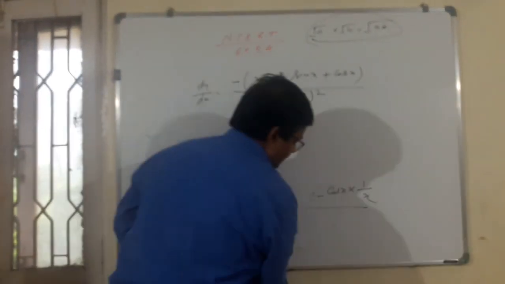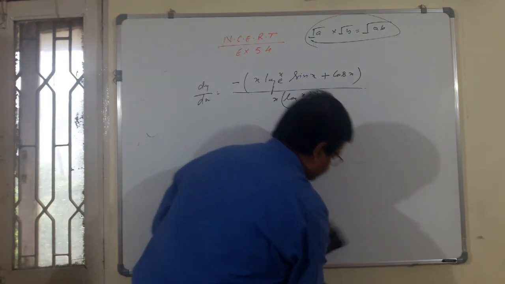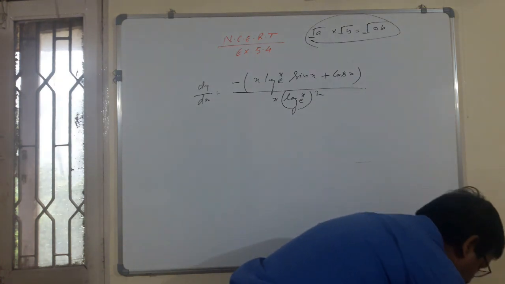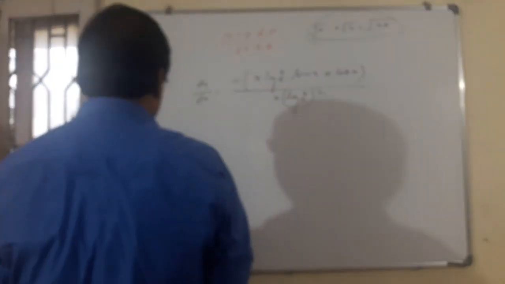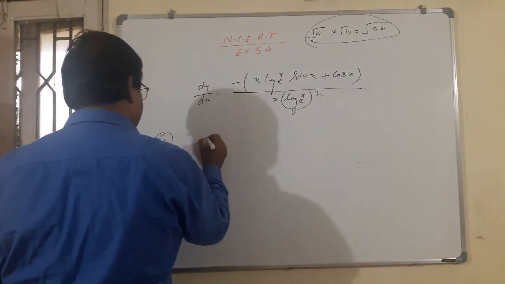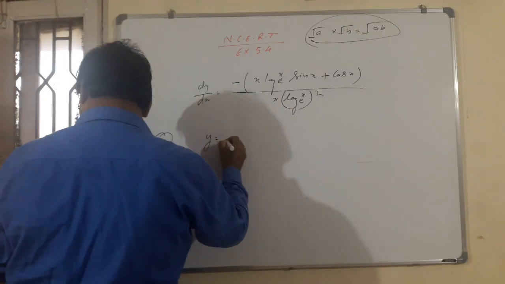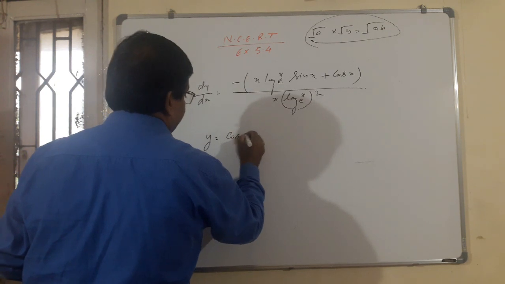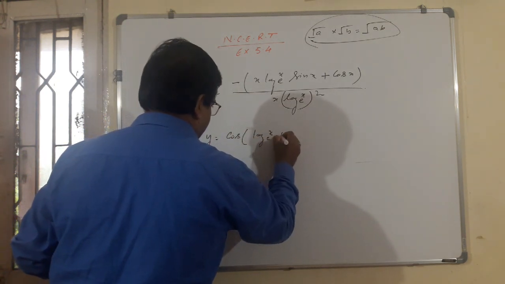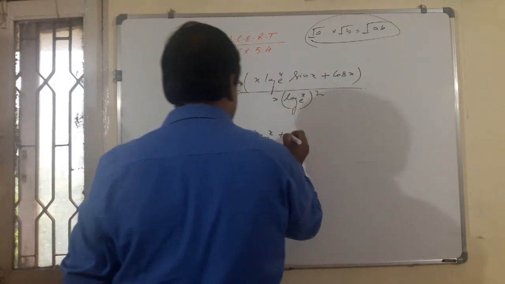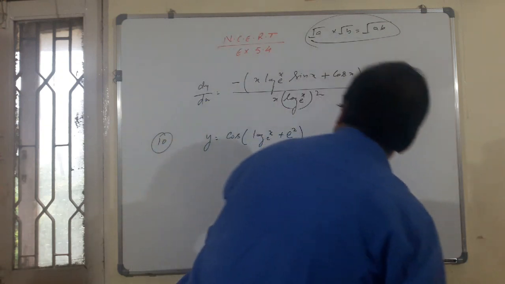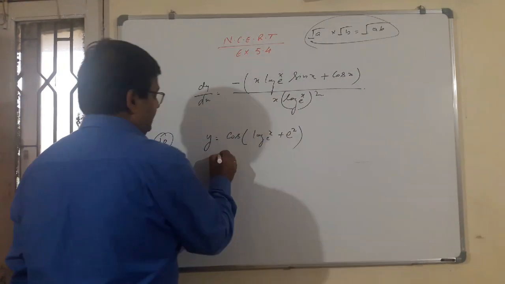Now question number 10. See here, y is equal to cos of log x to the base e plus e raised to the power x. This is the question.